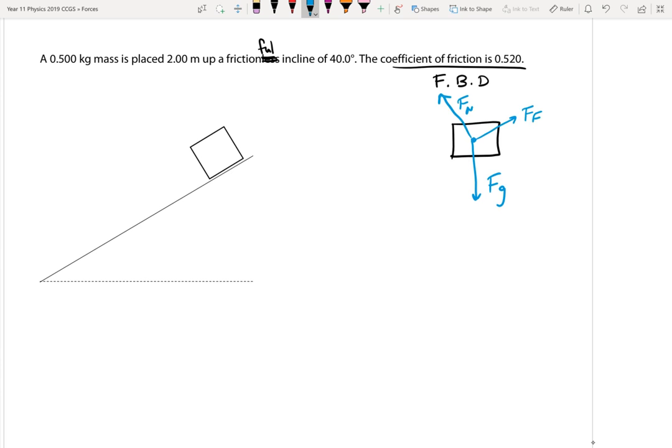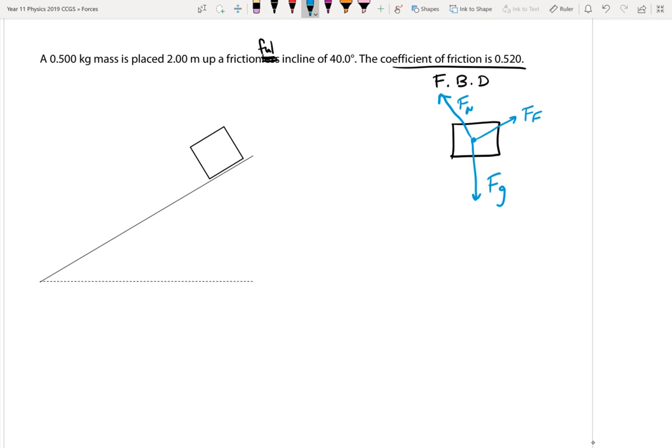Again, that's the free body diagram. We now know that friction is acting up the incline, 40 degrees above horizontal. Normal force is acting up 40 degrees left. And again, don't be tempted to draw in the mg sine theta because it's not a real force.